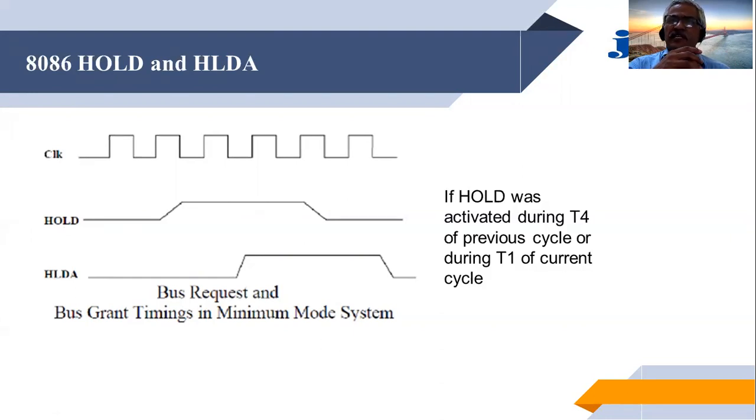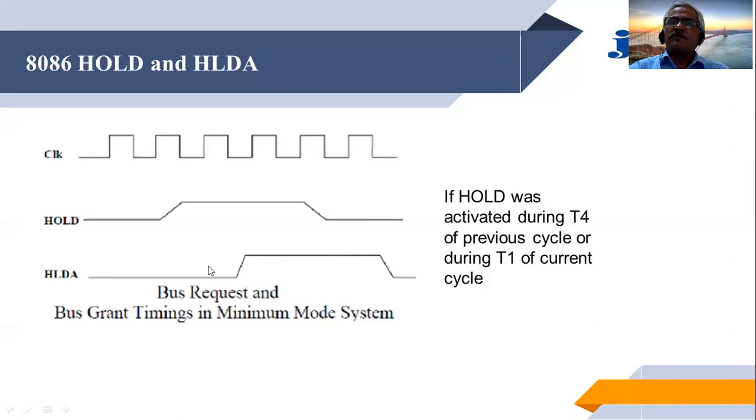And it is recognized during either the previous T4 state or during the current T1 state. If it is a valid hold signal, the processor will generate the HLDA signal, and subsequently release the hold signal.